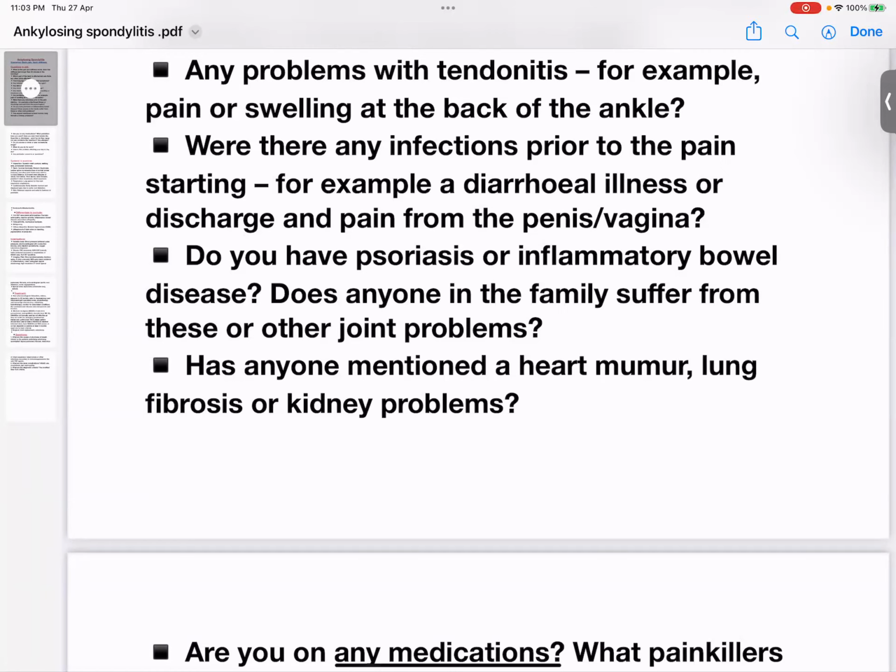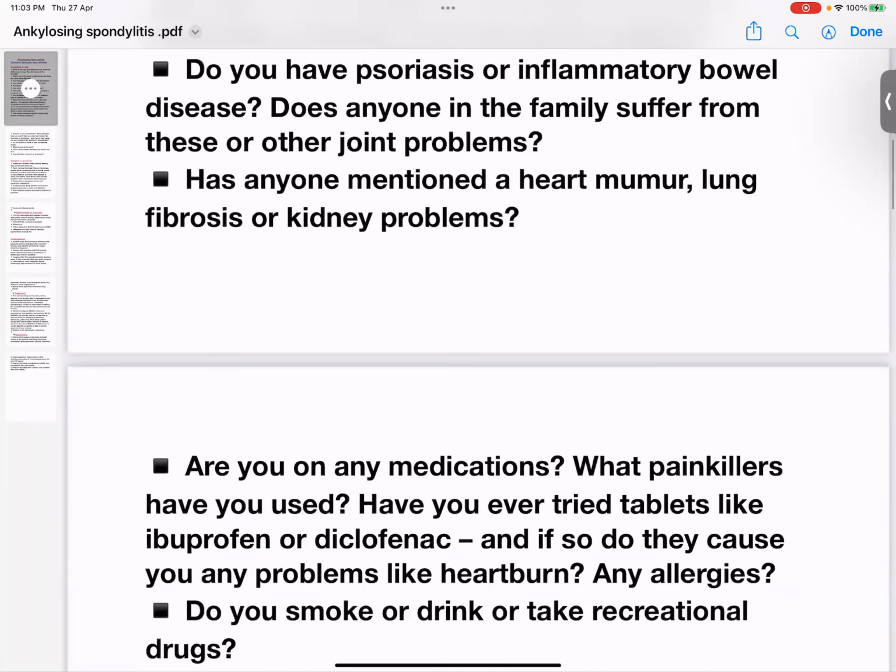Ask about family history, any problem to the heart, like awareness of the heartbeat or racing of the heartbeat. And here in ankylosing spondylitis, make sure there are no valvular lesions, heart murmurs, lung fibrosis, and kidney problems. So cardiovascular, GIT, chest, and urinary manifestations.